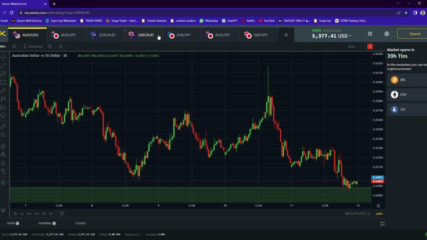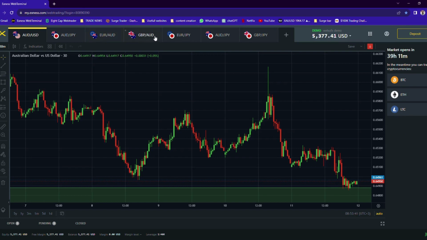But news will come out always on Australian dollar, and this will impact any pair that is trading with Australian dollar. So this JPY is trading against AUD, Euro against AUD, GBP against AUD.